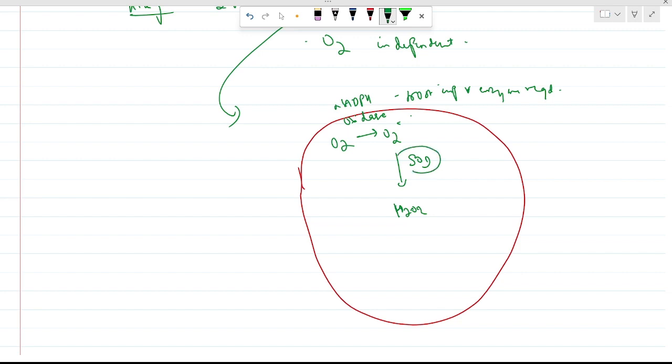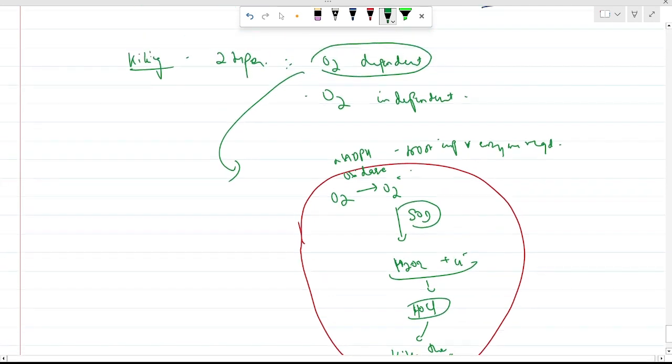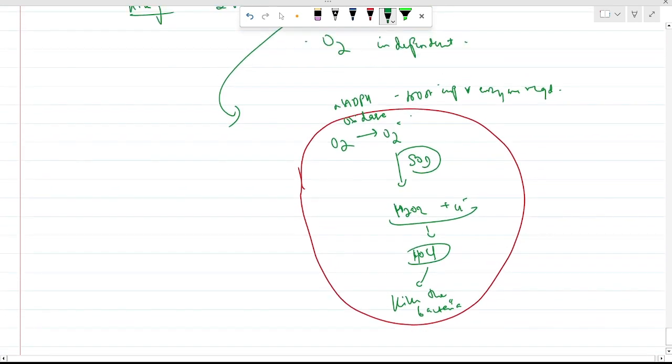Hydrogen peroxide then combines with chloride ion to form HOCl, hypochlorous acid. This HOCl kills the bacteria. So this is all about oxygen dependent killing. NADPH oxidase is the most important enzyme required here.